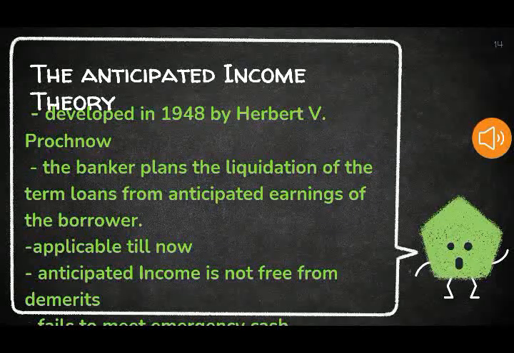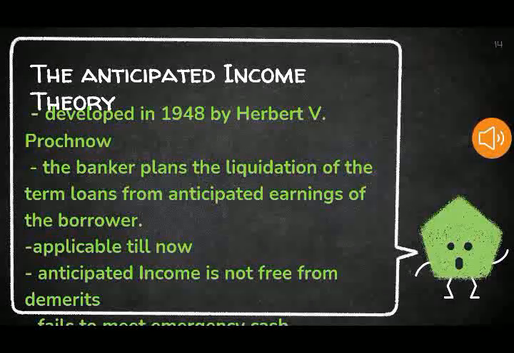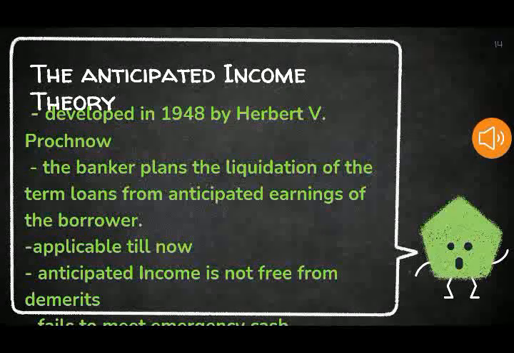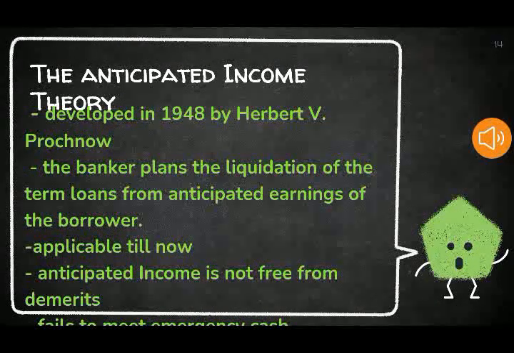And lastly, the term loan is highly profitable for the business community, which collects funds for medium terms. However, this theory also has disadvantages: anticipating income is not free from demerits, and it also fails to meet emergency cash requirements.